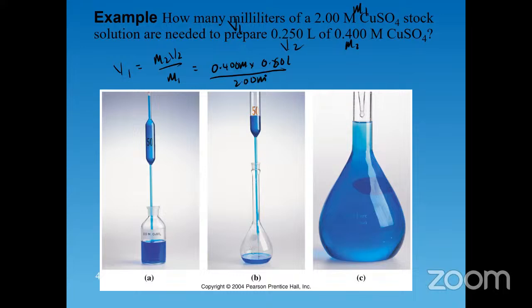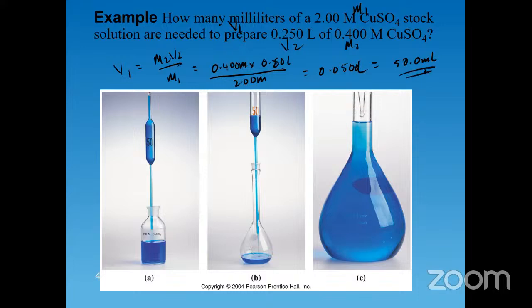So 0.4 times 0.25 divided by 2. According to my calculation, this works out to be 0.050 liters, which is the same thing as 50 mL. Actually, this should be one more zero here. So this should be 50.0 mL, right?